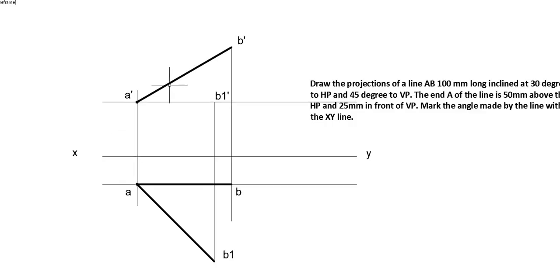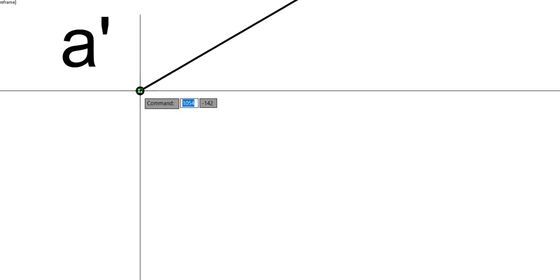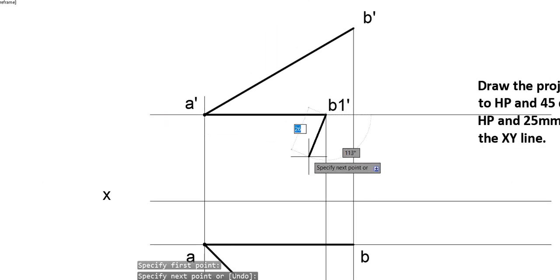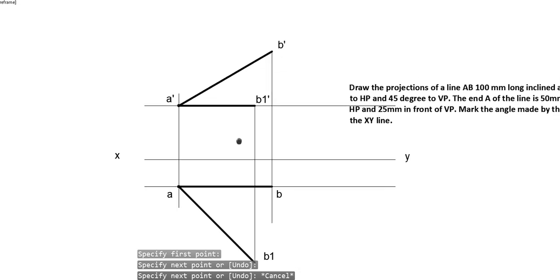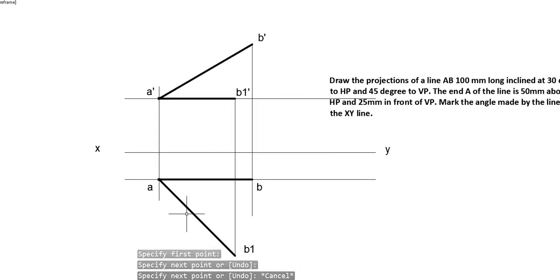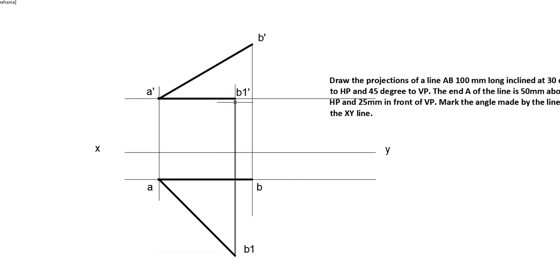In the first case we had assumed that the inclination of the line is with the horizontal plane and it is parallel to the vertical plane. Then we assume that the same line is inclined to the vertical plane and parallel to the horizontal plane.